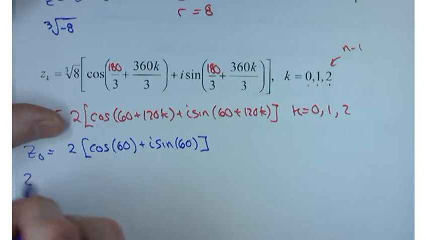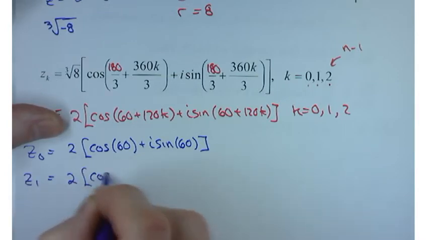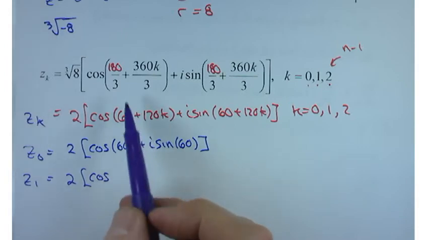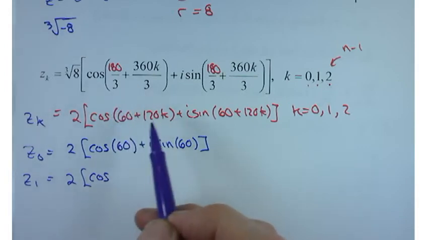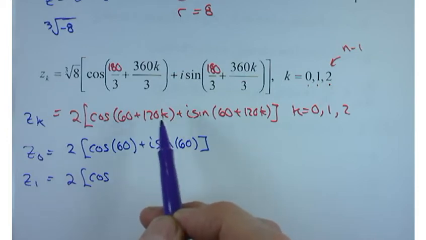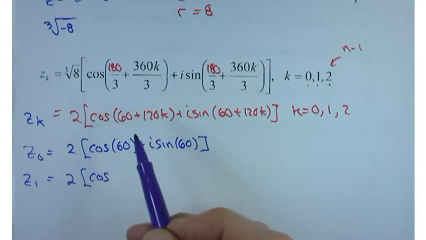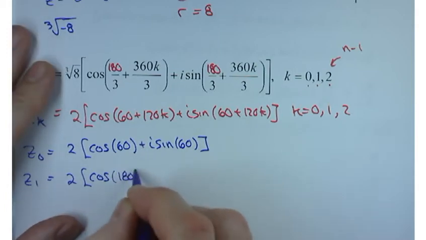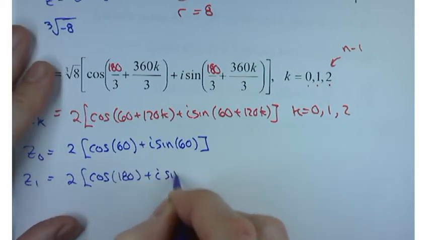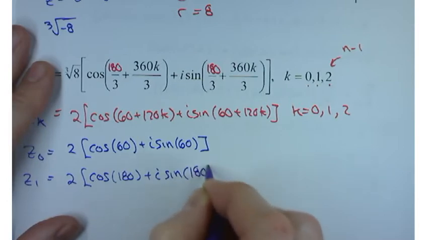Let's leave that there for a minute. Let's go up to z sub 1. Again, it's going to be 2 times the cosine. Cosine of what? Let's figure it out in this case. If I put in a 1 here for k, what angle am I going to get? 180. So cosine of 180 plus i times the sine of 180.